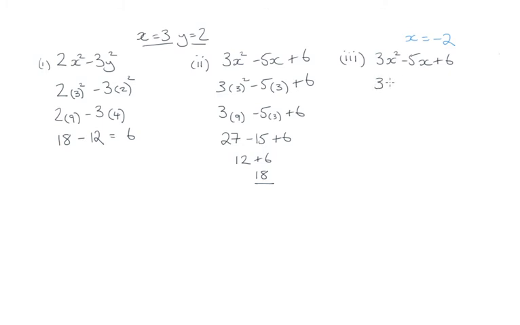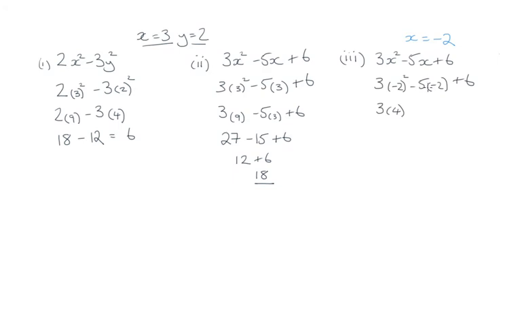3. Now let's fill in inside the bracket minus 2, and that's squared, minus 5 by minus 2 plus 6. Okay, first of all, let's square the number. So it's minus 2 multiplied by minus 2. So a minus by a minus is a plus, so it's 2 by 2 is 4.